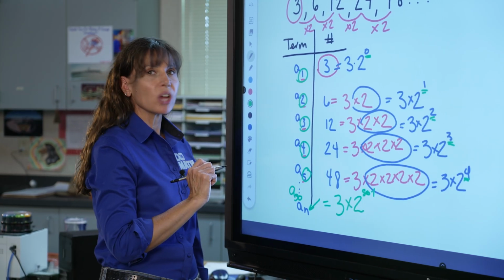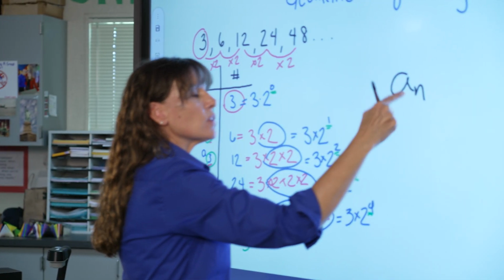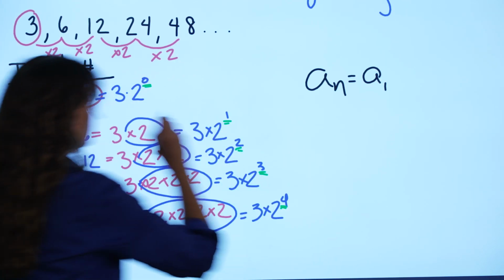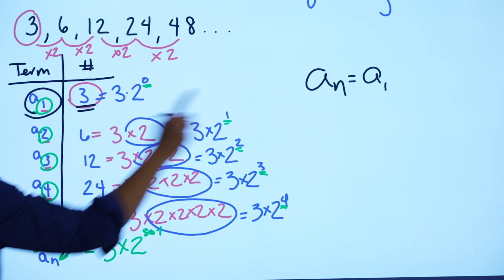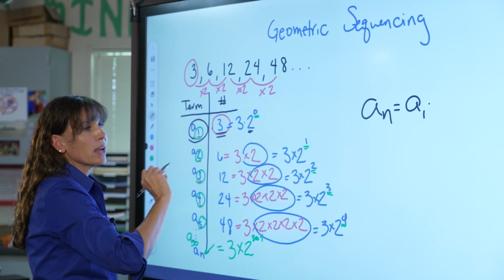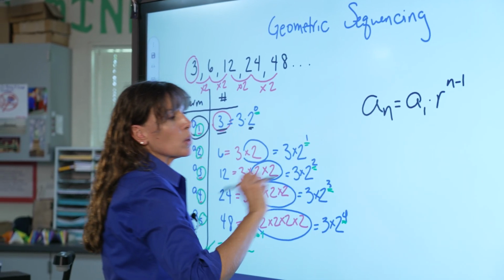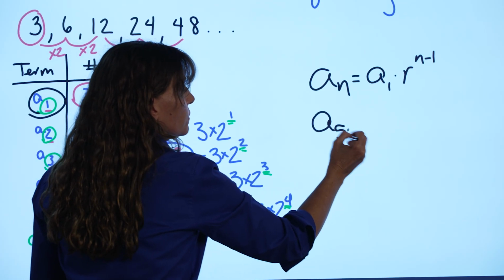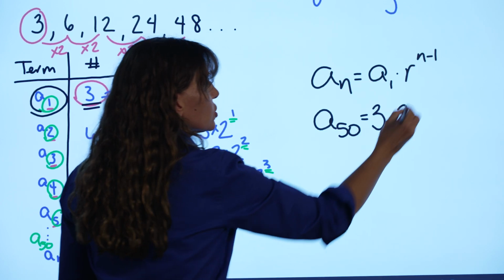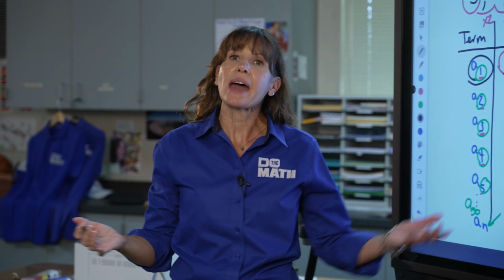So my general rule will be, whatever term I'm looking for, I take my start number, my term number 1, which we said of course was 3, my start number times whatever I'm multiplying by each time, which of course in this one was 2, to the exponent n minus 1. So in this case, if I'm looking for the 50th term, my start number times what I multiply each time to the 49th. So this is one more way we can see patterns in mathematics.